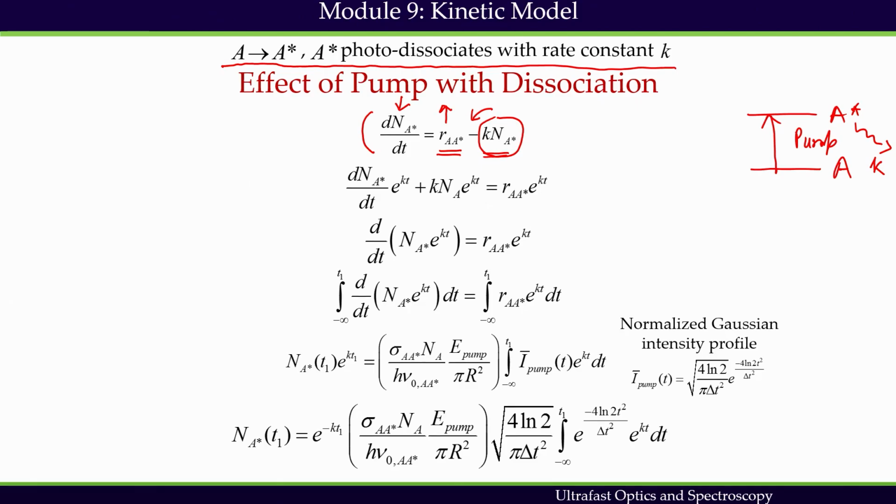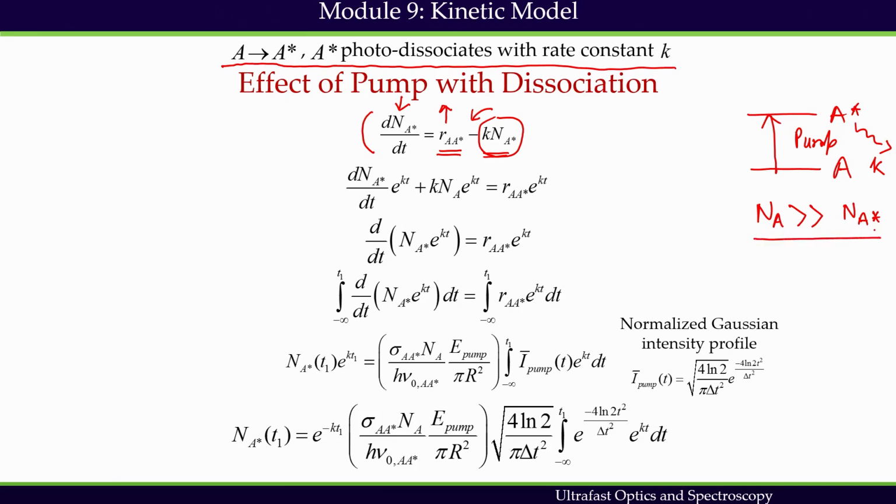We can rewrite this equation. This equation is strictly valid in the unsaturation regime, where we have assumed that Na, number of population in S state, is much greater than N(S) star.